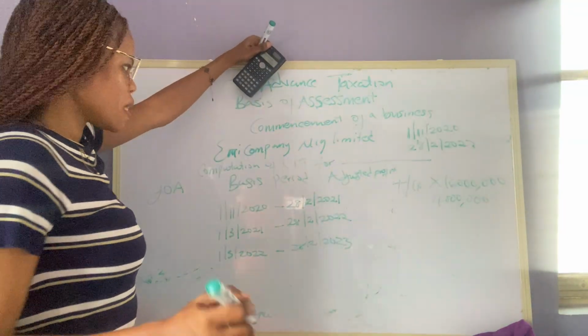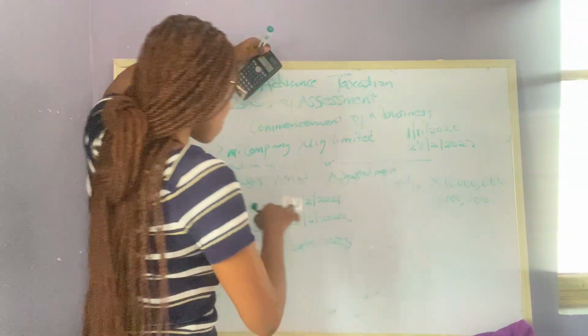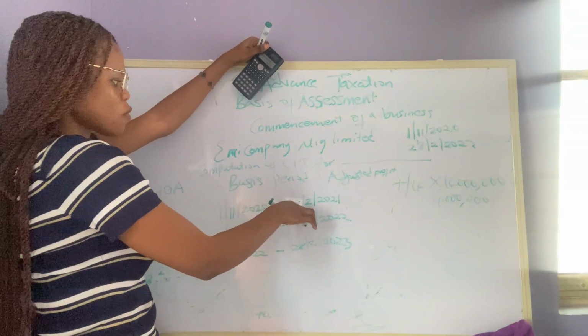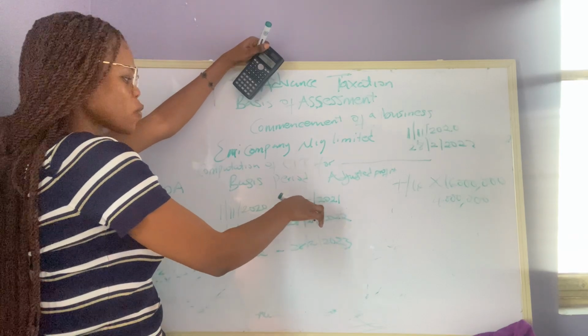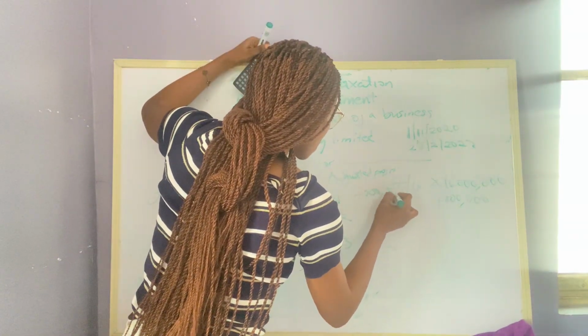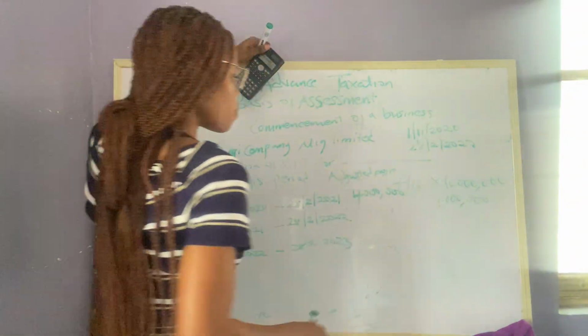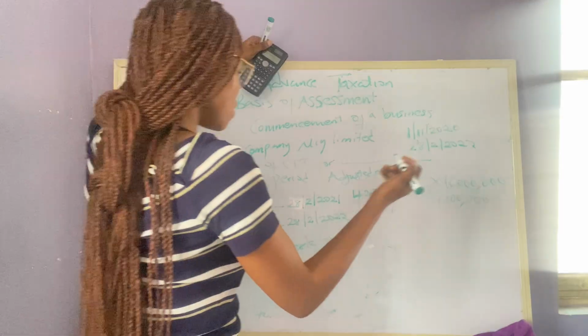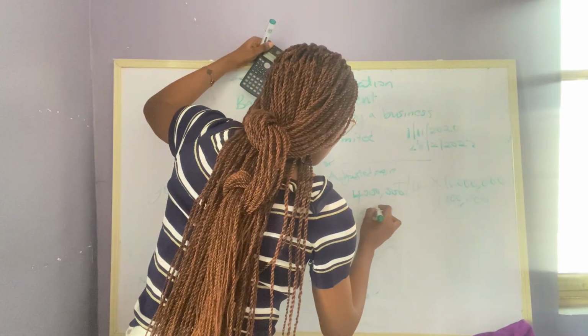Which means that the adjusted profit for the year from 1st of November 2020 to 28th of February 2021 is 4 million. So automatically the remaining 12 million naira is for the other period, right?